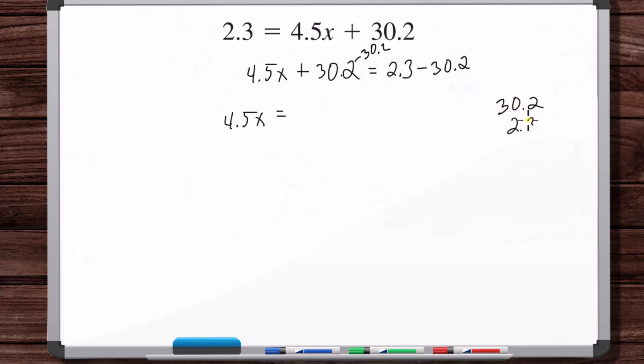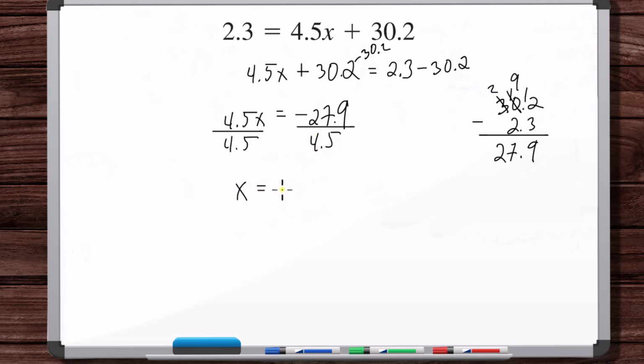so 30.2. If we subtracted these, we're going to get 27.9, but it's going to be negative 27.9. Now let's divide both sides by 4.5.